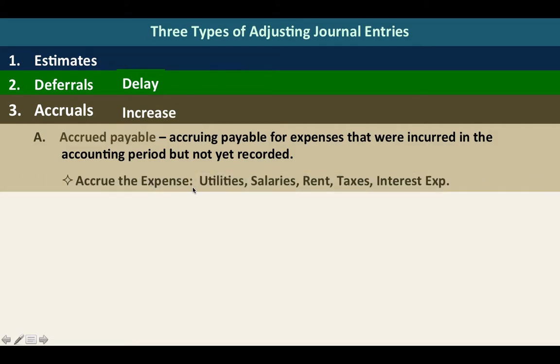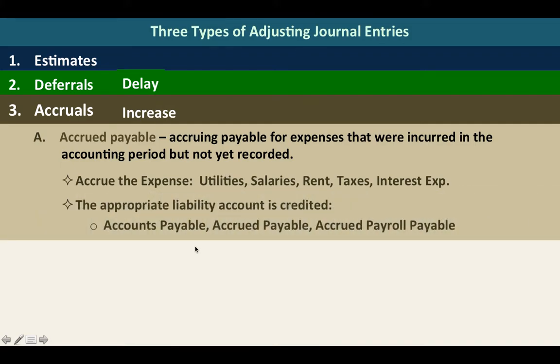So the expenses that we will record are related to utilities, salaries, rent, taxes, interest. Okay? So if we record this, then the other account will be the payable account. We can use accounts payable, accrued payable, or accrued payroll payable. For payroll, you normally maintain a separate payable account, separate from accounts payable.